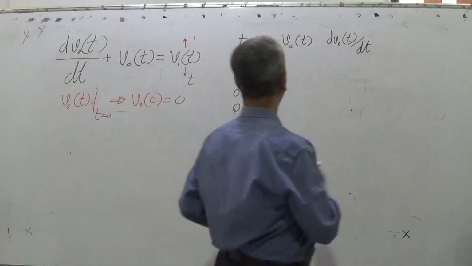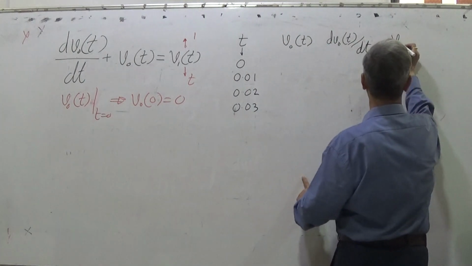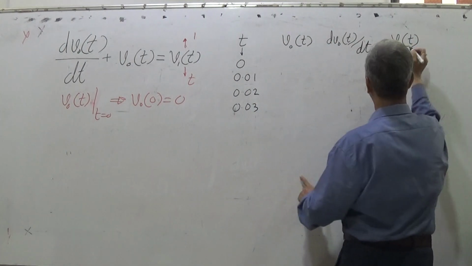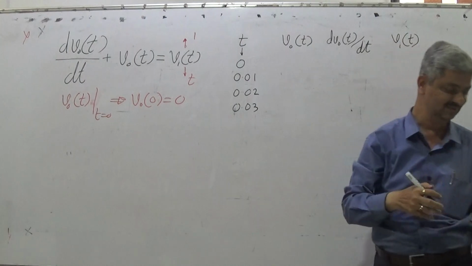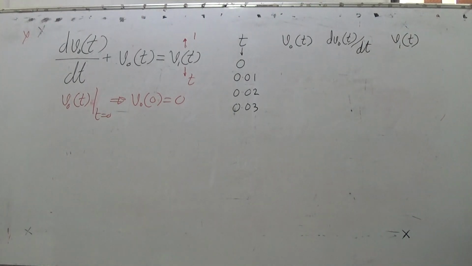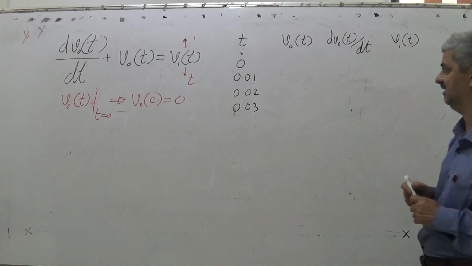And then we write VOT. We try to write down all terms in the differential equation. We would like to prepare a table of all terms in the differential equation.